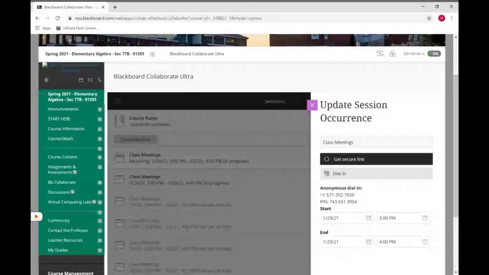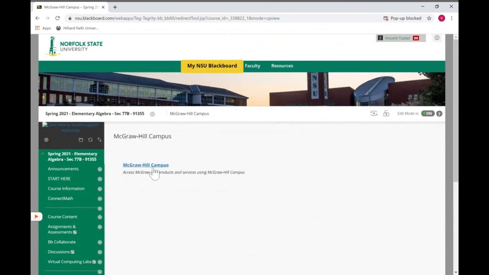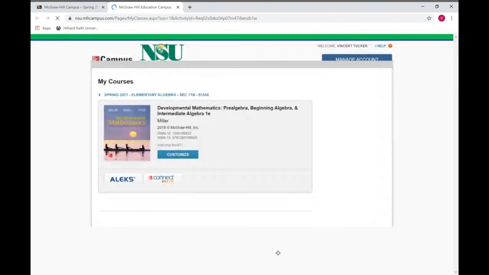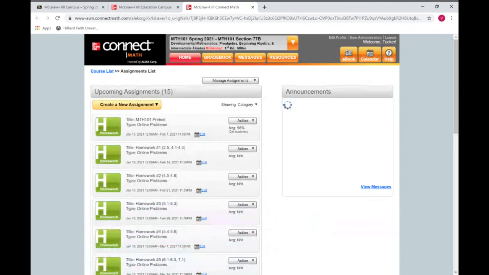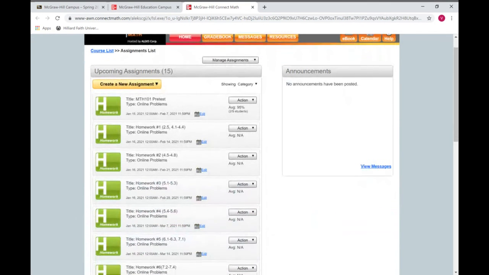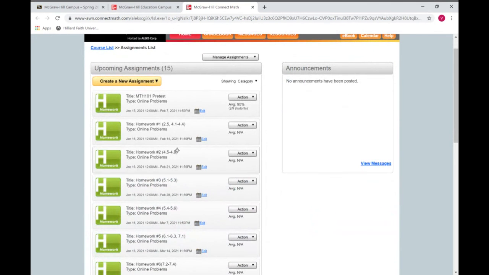So right here we have Connect Math. It's right under course information. Click on McGraw-Hill campus. Click on Connect Math right here. And here go all your assignments.